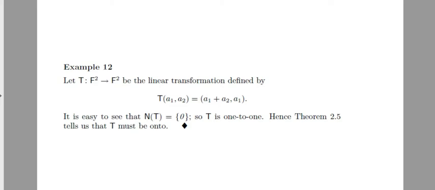So we get a1 is equal to 0, and if a1 is equal to 0, we get from a1 plus a2 equal to 0 that a2 is equal to 0. So finally, if T(a1, a2) is equal to 0, we get (a1, a2) equal to (0, 0). That is, the null space of T contains only {0}. So this T is a 1-1 map. Now from the previous theorem where we have done the equivalence criteria, we get that T must be onto also.